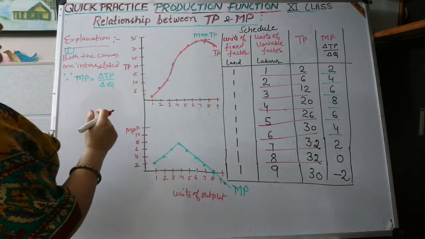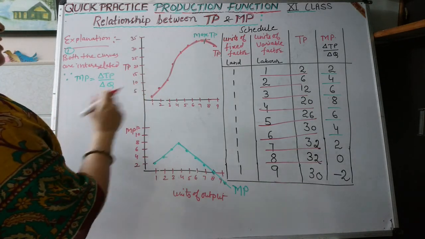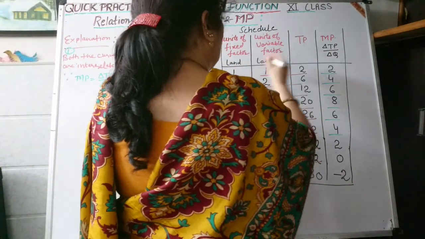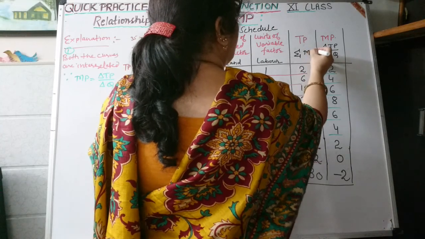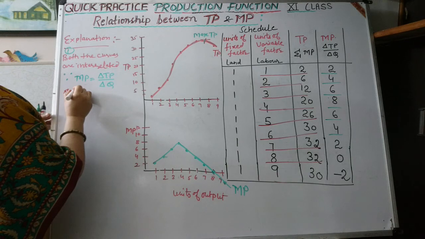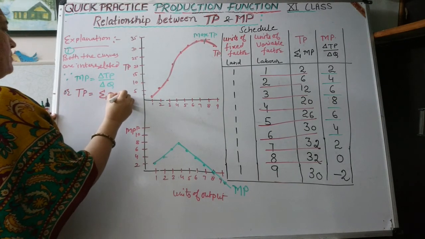We can calculate marginal production with the help of total production, and similarly we can also calculate total production with the help of marginal production: TP is equal to sigma MP.